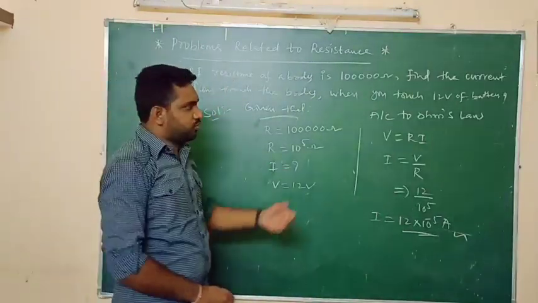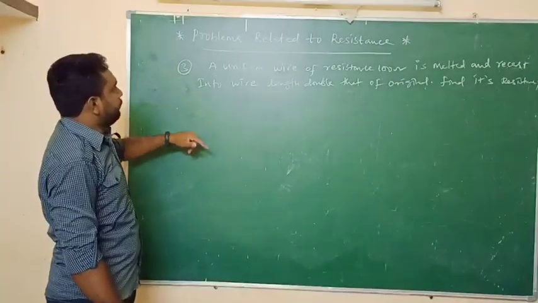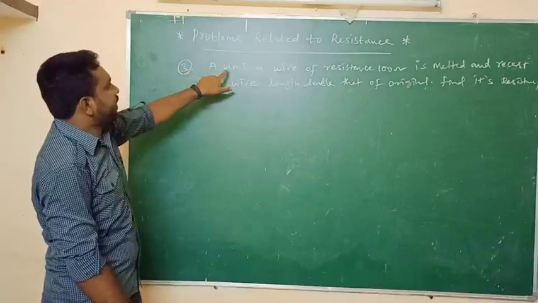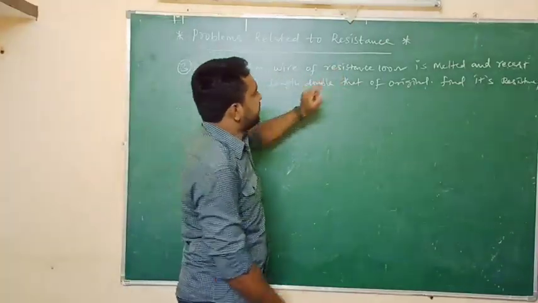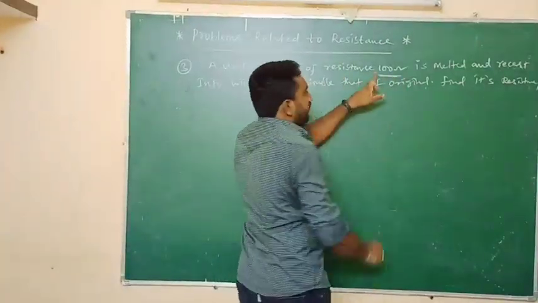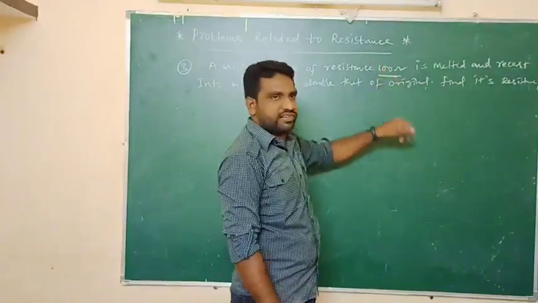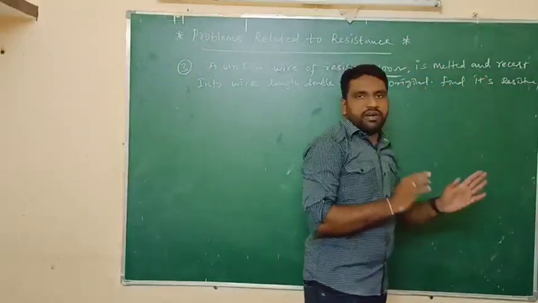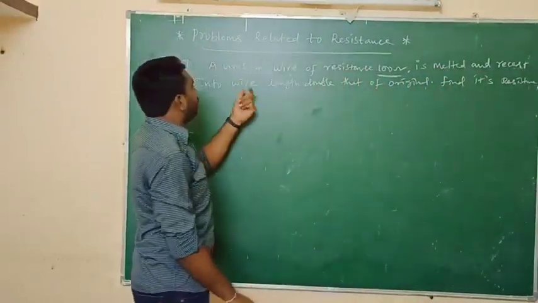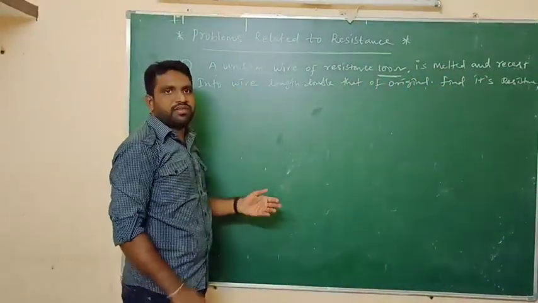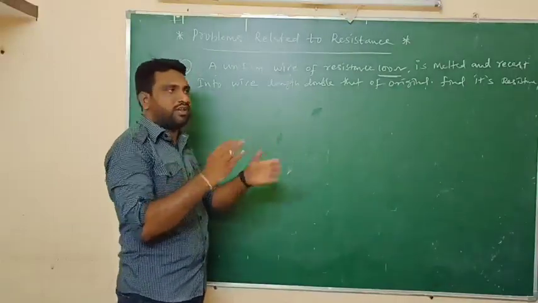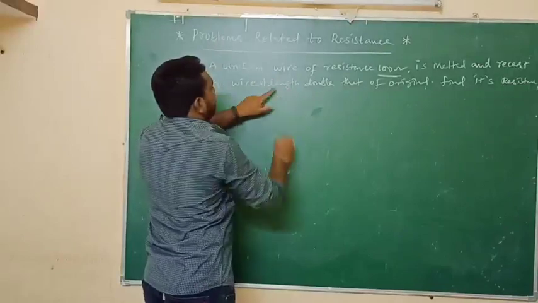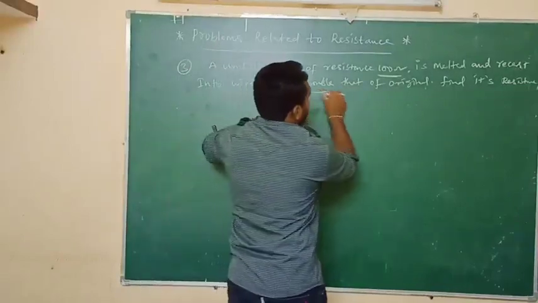Now we will discuss the third problem. This is the statement of the third question. A uniform wire of resistance 100 ohms is melted and recast into another wire of length double that of the original.